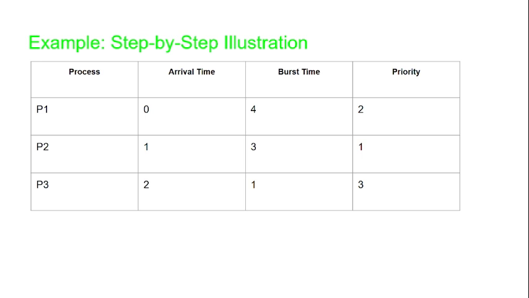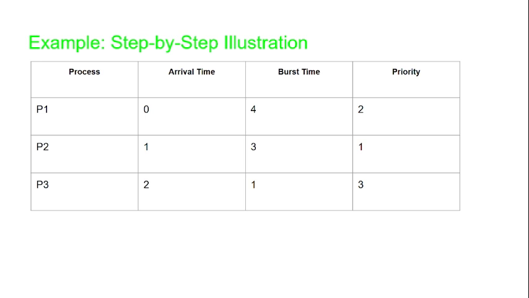Suppose at time 0, what do you think, which one will come first, P1, P2 or P3? Yeah, correct. So P1 has arrived first. P1 will execute because it arrived at time 0.